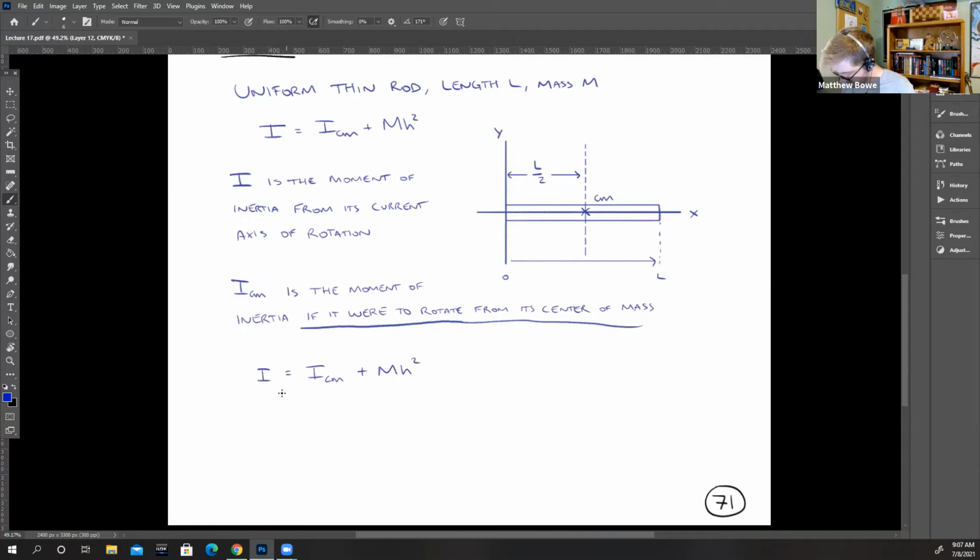I'm going to call this right here I_y. So that's about the y-axis. This turns into me solving for the moment of inertia from the center of mass.